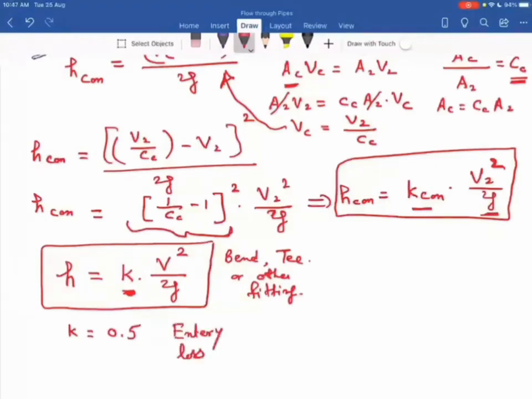And for exit loss, I write K as 1. The value of K for entry loss is 0.5 and for exit loss the value of K is 1. So these are all the formulas for minor losses.